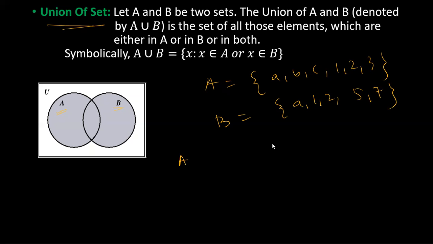What is the union then? A union B equals {x : x in A or in B}.